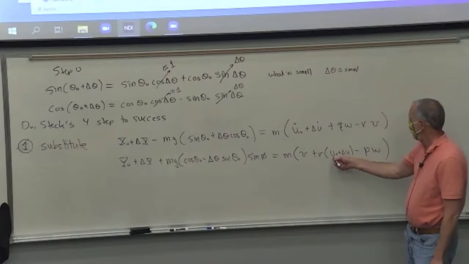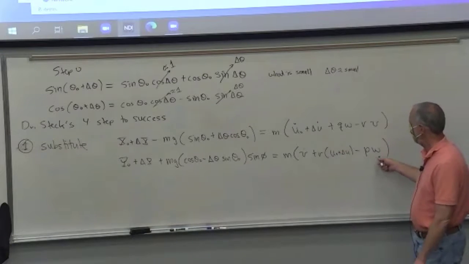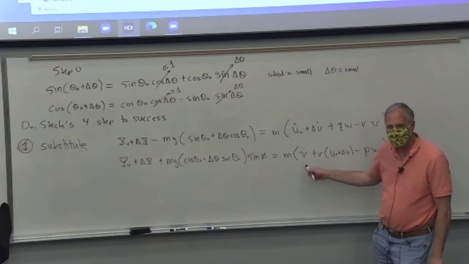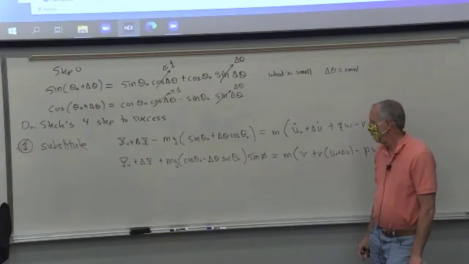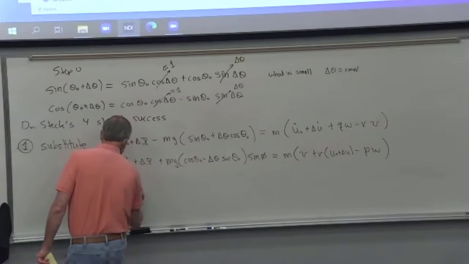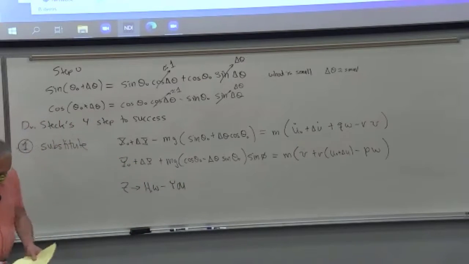Where there was a u, I put u0 plus delta u because that was my list. Where there was a p, I put p, w. There was no v0 dot, so I don't have that here. And then the z equation is for homework. You can do the same steps.